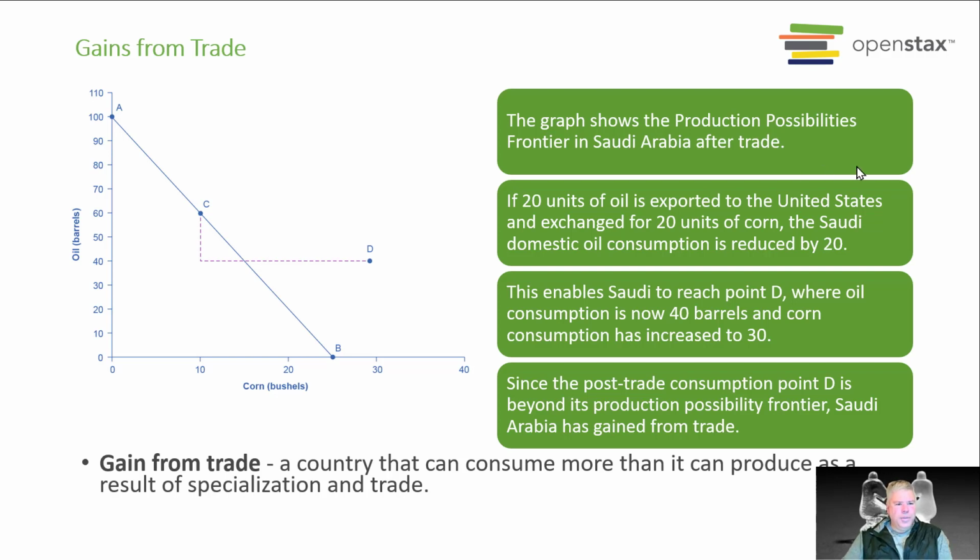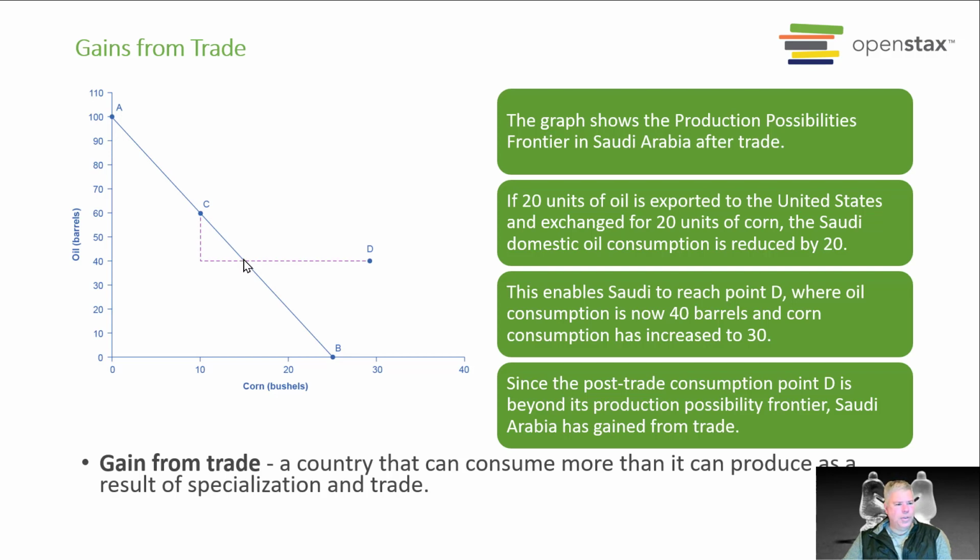As we walk through this last example, the graph shows a production possibility frontier for Saudi Arabia after trade. If 20 units of oil are exported to the U.S. in exchange for 20 units of corn, Saudi domestic oil consumption is reduced by 20, so we basically slide down the curve.